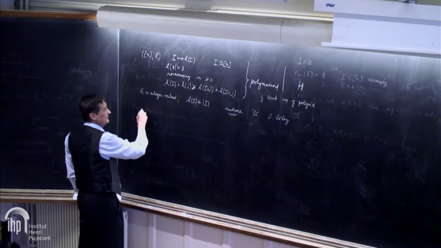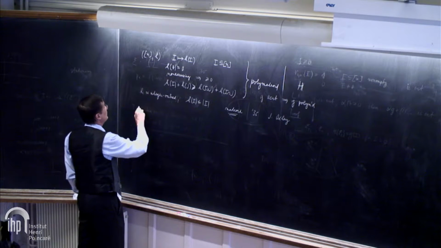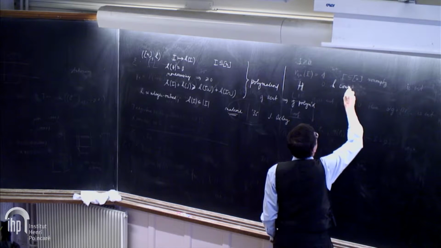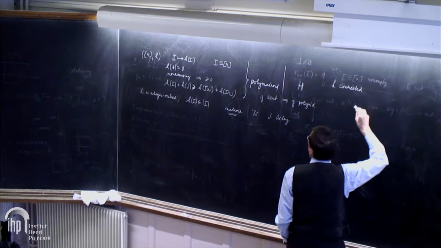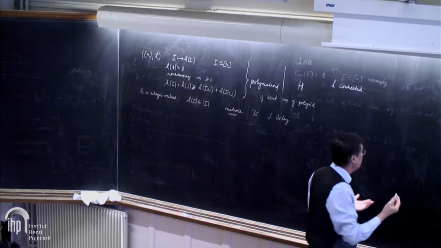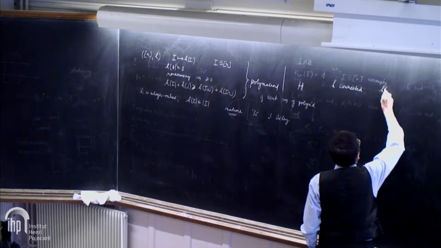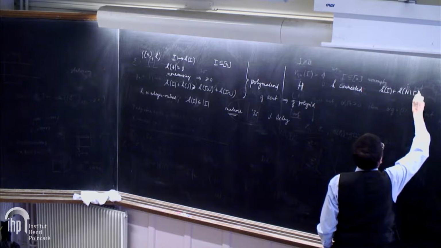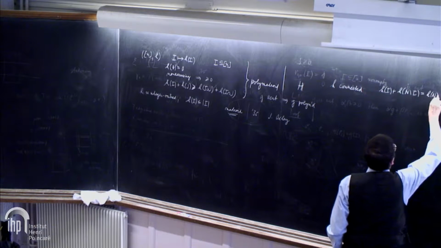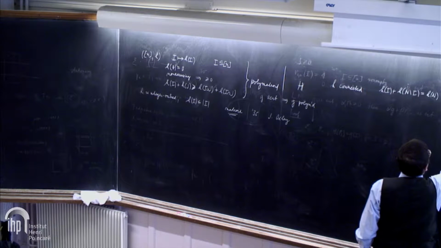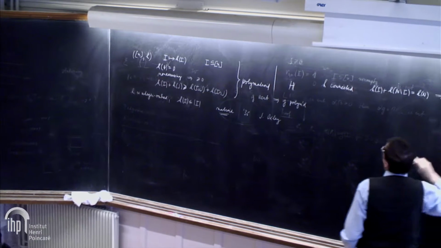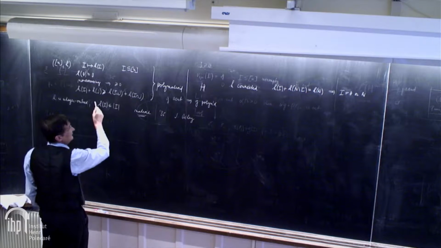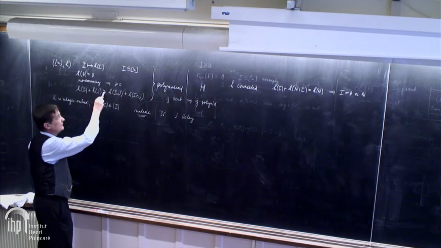So I have to introduce connectivity. A polymatroid H is connected if it cannot be split into two independent parts. That means whenever h_I plus h_{n minus I} is equal to h_n, then I is empty or n. This is actually an equality here, because the intersection is empty.